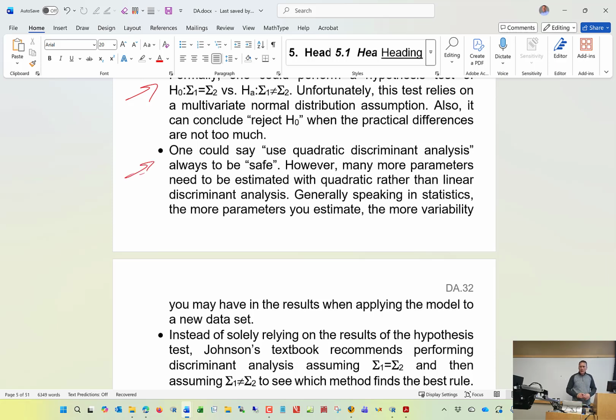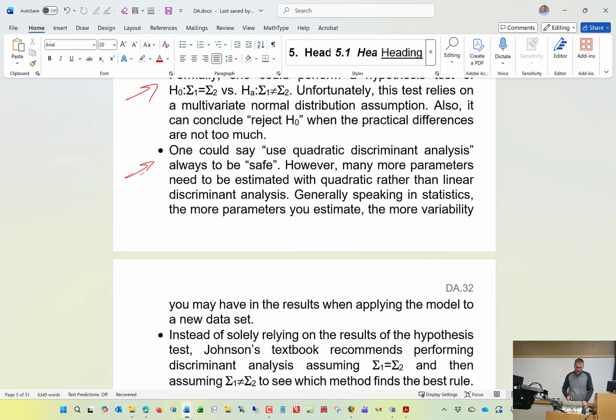One could say, why not just always use quadratic discriminant analysis to be safe? Because when are two covariance matrices ever exactly equal to one another? Probably never. So just use quadratic.